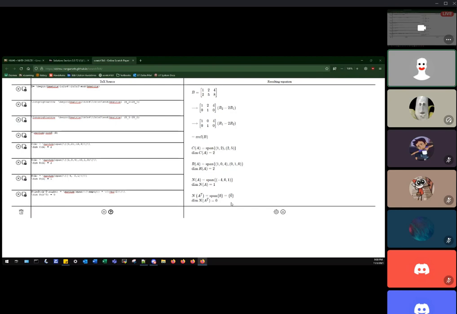Yeah, that's still a basis. No, that's still a basis, as long as it's just one vector. Yeah, if you had negative 4, 0, 1 and negative 8, 0, 2.